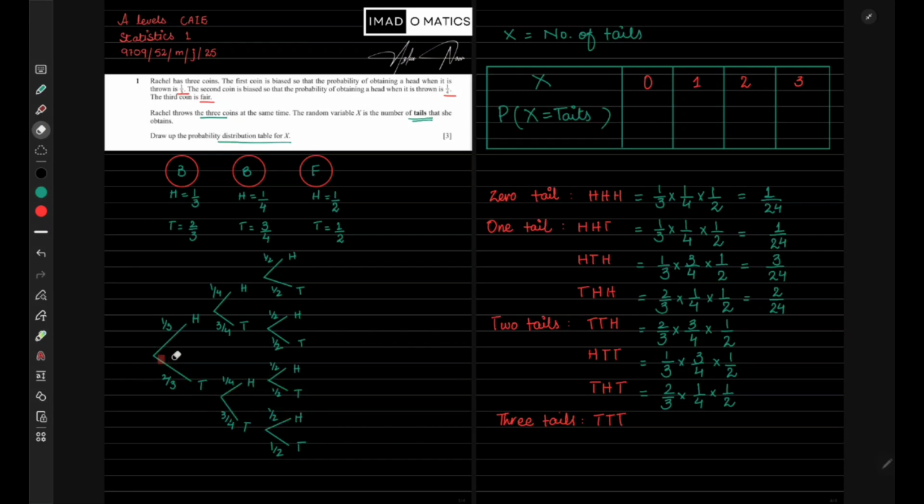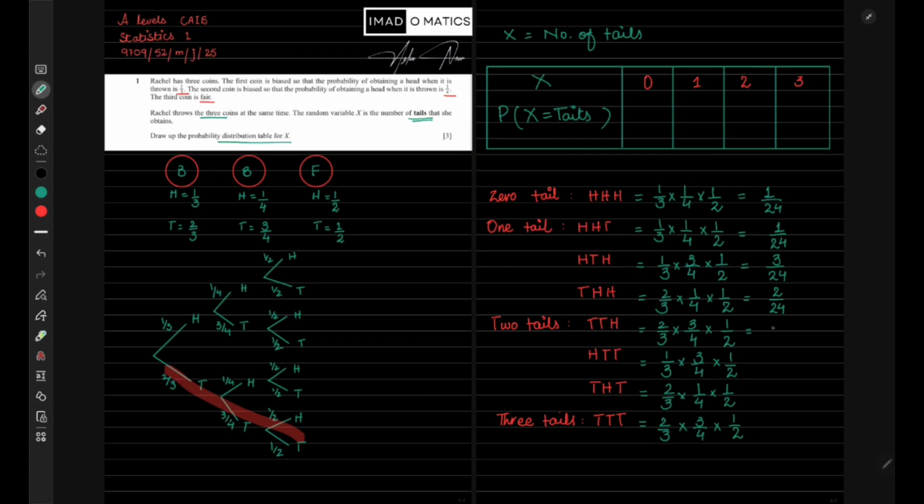Now let's move to the last probability, and that is the tail, tail, tail branch. So the tail probability is 2 over 3 times 3 over 4 times 1 over 2.